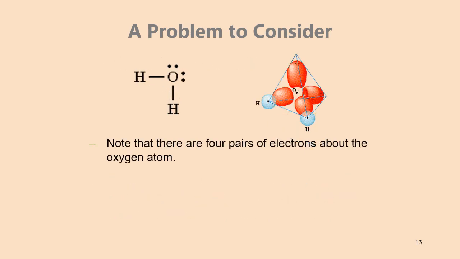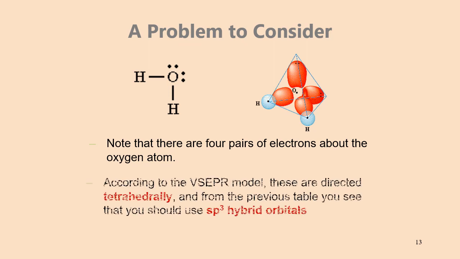We note that there are 4 pairs of electrons about the oxygen atom. According to the VSEPR model, these are directed tetrahedrally, and from the previous table you see that you should use sp3 hybrid orbitals, because this is AX2E2.